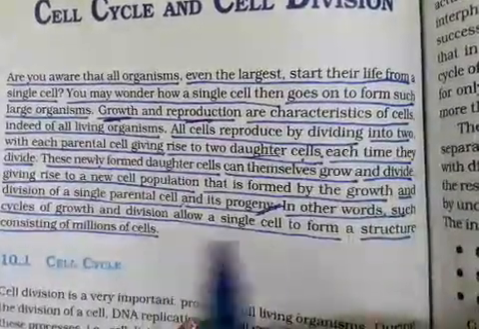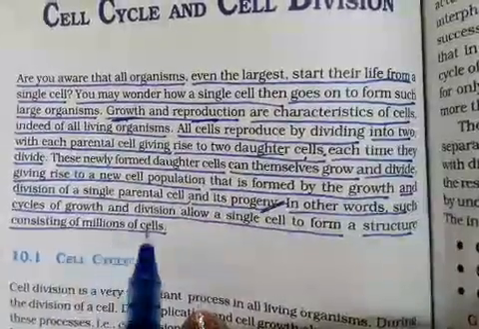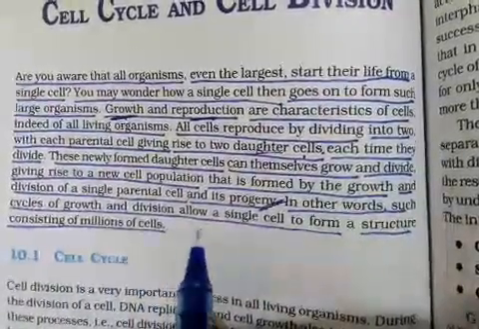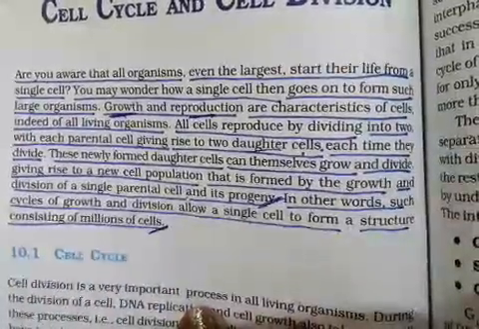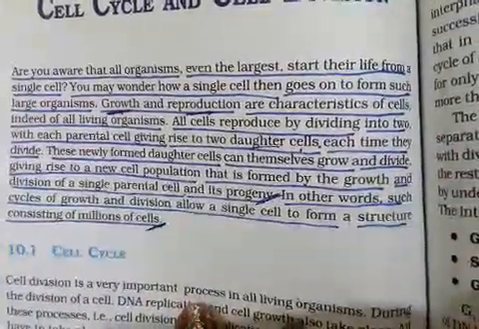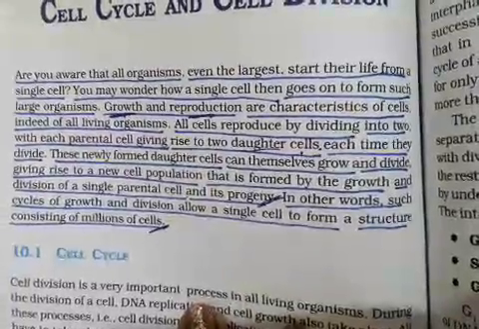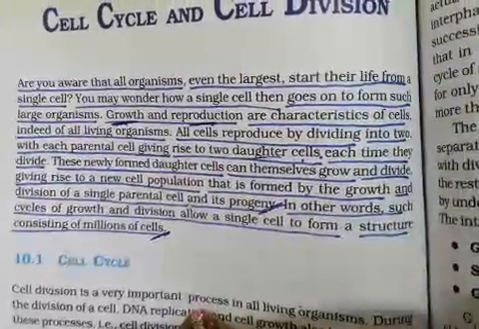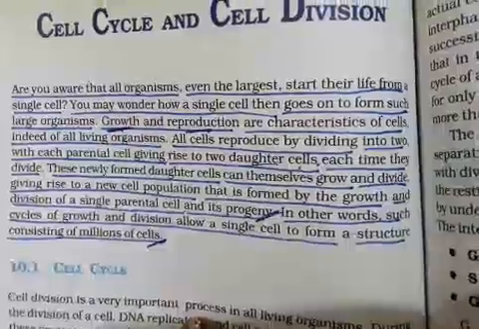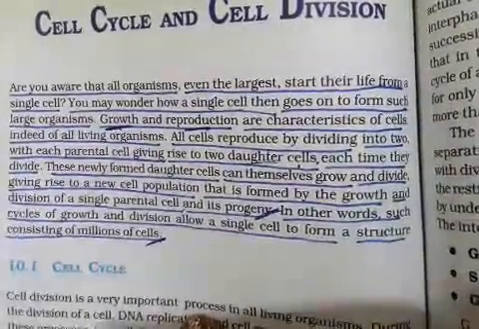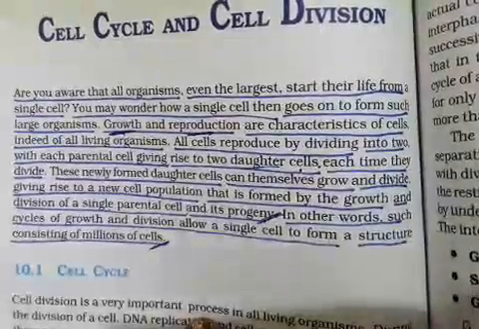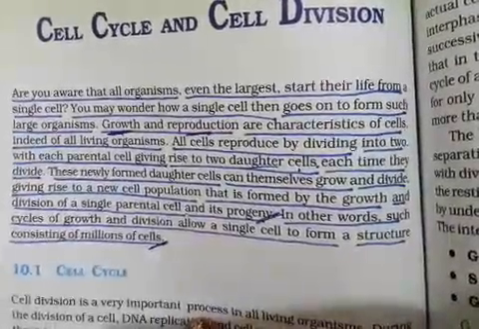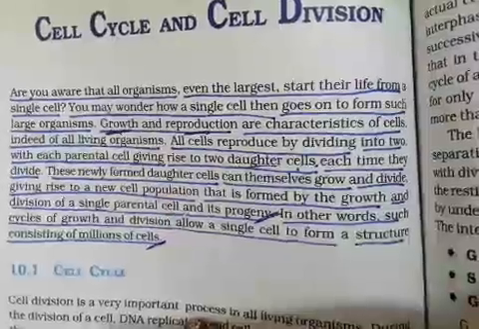And in this way, the cycles of growth and division allow a single cell to form a structure consisting of millions of cells. For example, in our body, first of all, with the fusion of the sperm and the ovum, a single cell structure is formed, that is said to be the zygote. With the passage of time, it undergoes divisions that are said to be cleavage divisions, and it results in formation of the fetus.